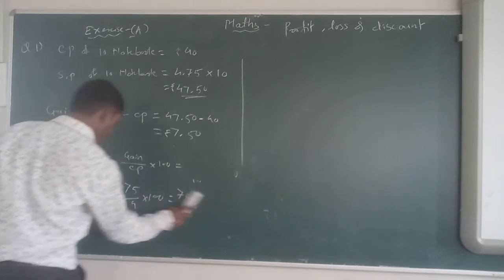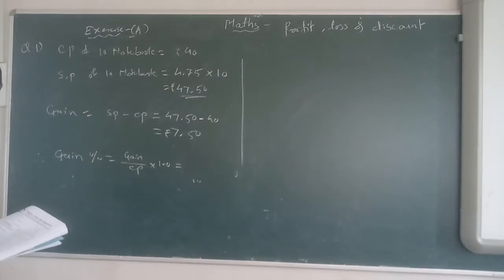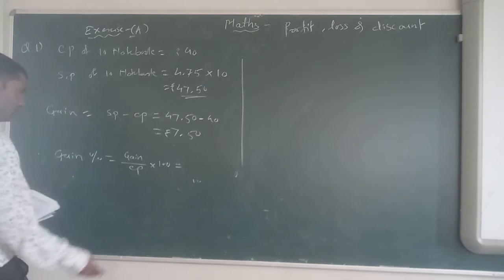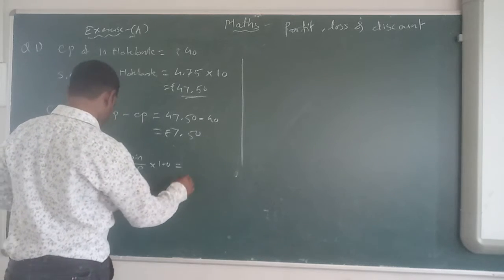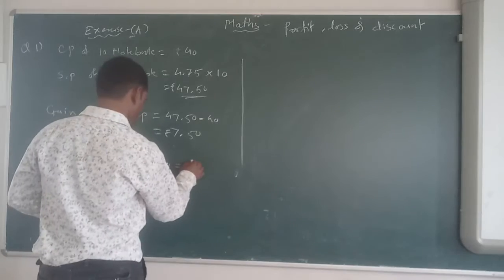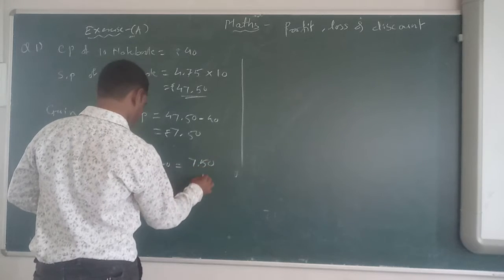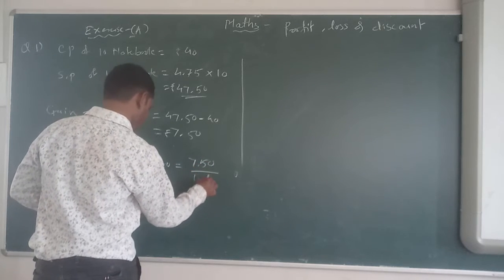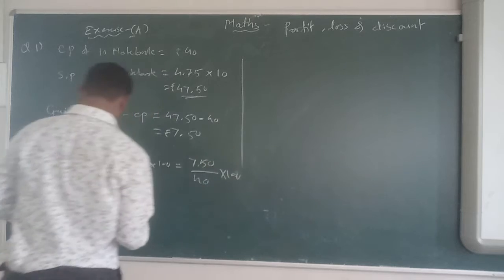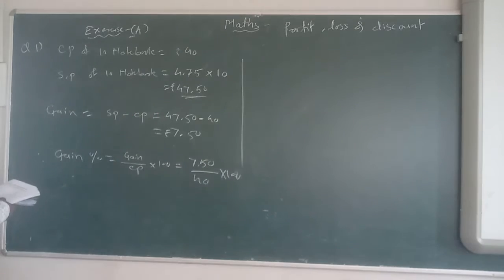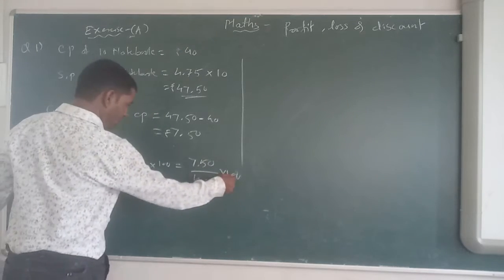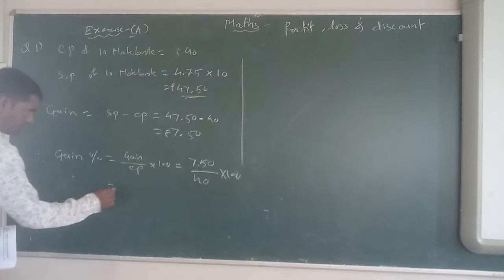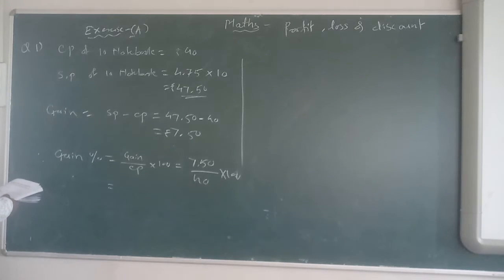Yes, you can do it like that: 7.50 upon 40 into 100. The into 100 means the percentage. So you can do it like that.